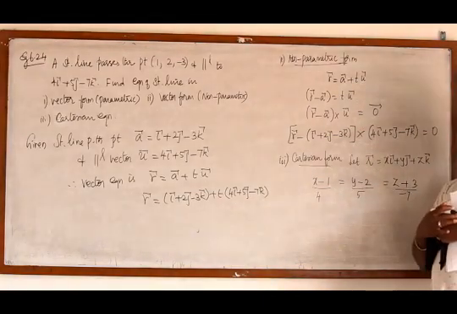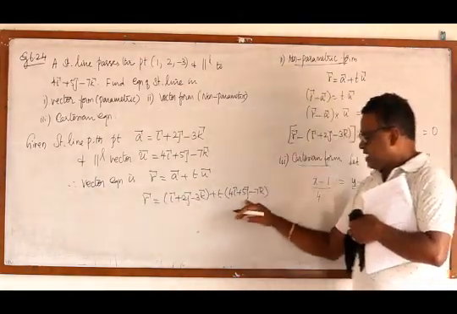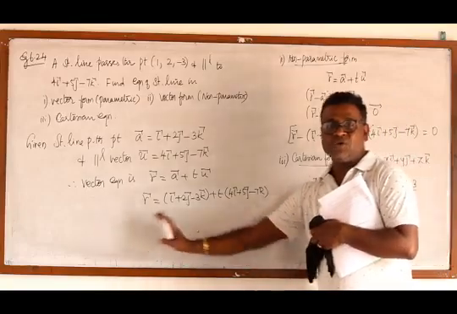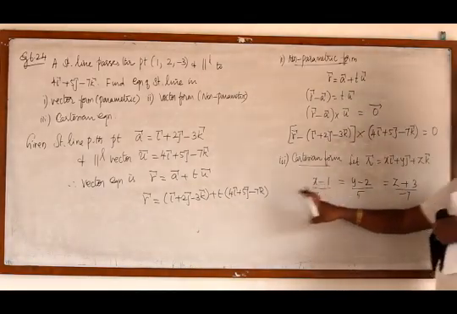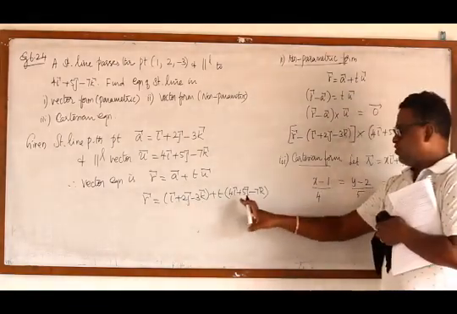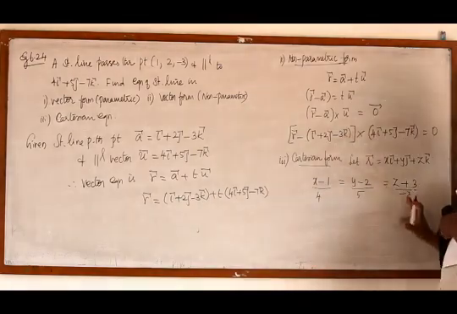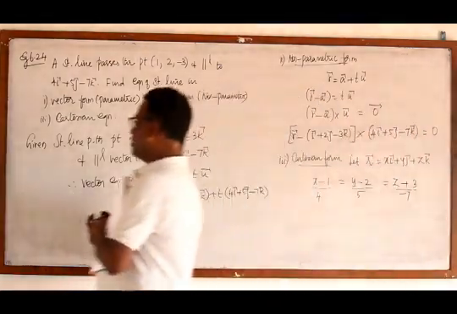This is the Cartesian form. These numbers will be subtracting, and the numbers which come with the scalar will go to the denominator. So (x - 1)/4 = (y - 2)/5 = (z + 3)/(-7). This is the Cartesian form. With that, this problem is over.